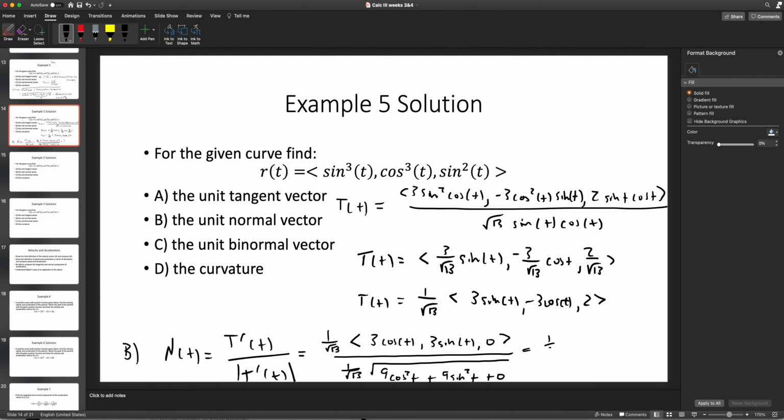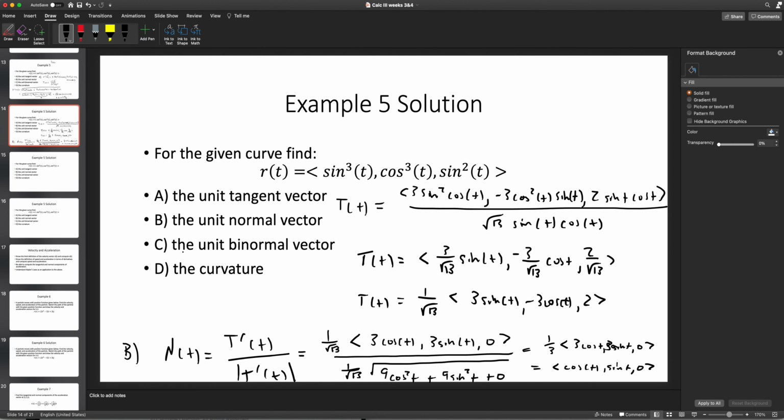So I get 1/3 times this vector, 3 cos t, 3 sin t, comma 0, and we multiply that through and get cos t, sin t, comma 0, which is our N sub t. Okay, that's our unit normal vector.